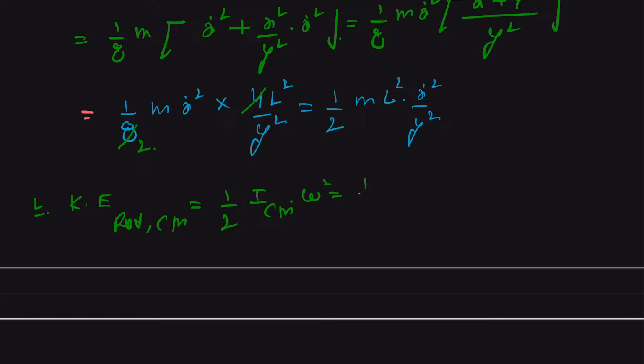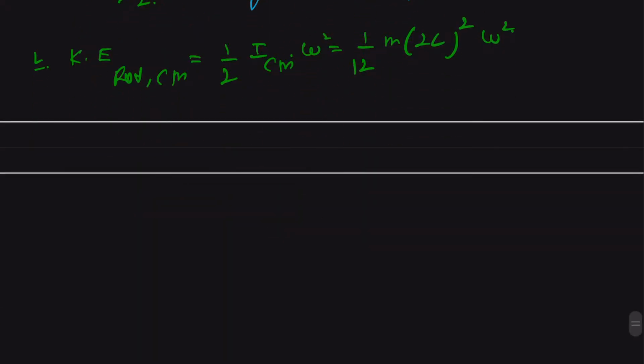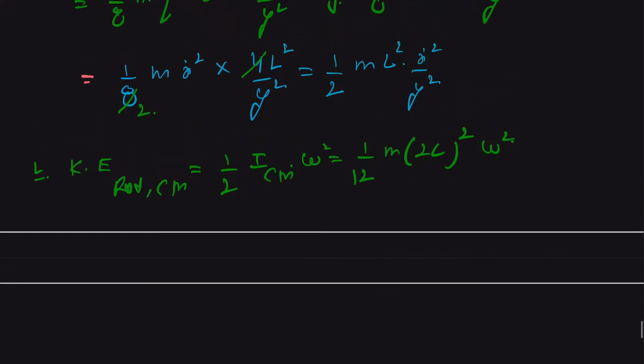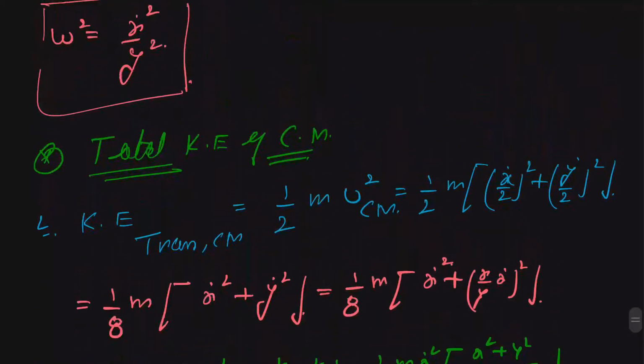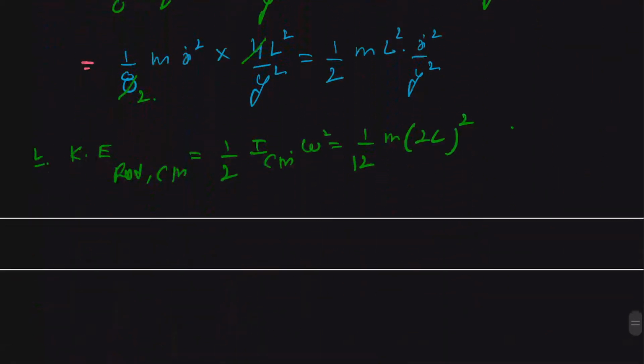So we can write this as our 1 upon 12 m, and this is about 2l whole square times omega square. And we can substitute the value of omega also. Omega is our x dot upon y, so this comes as our x dot square upon y square.